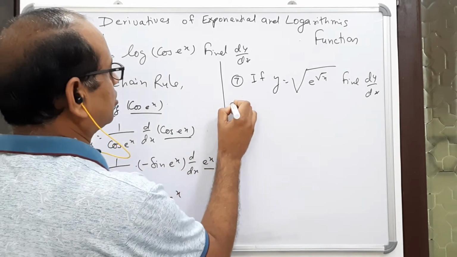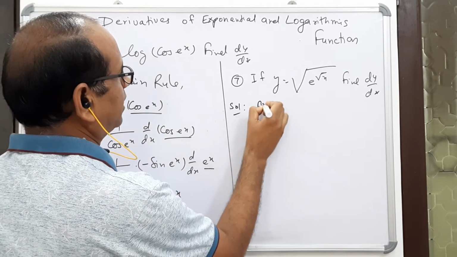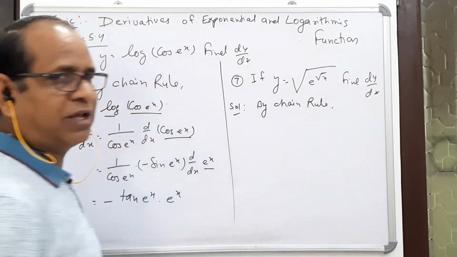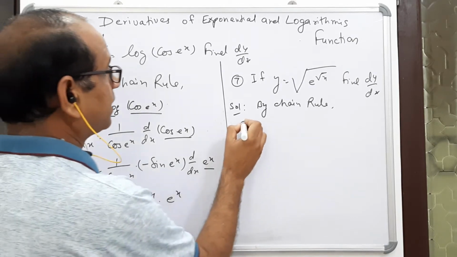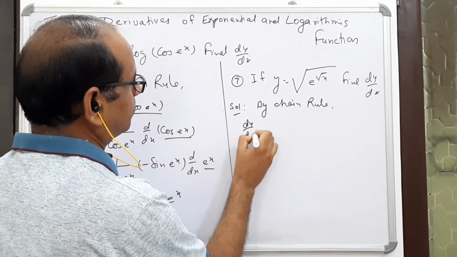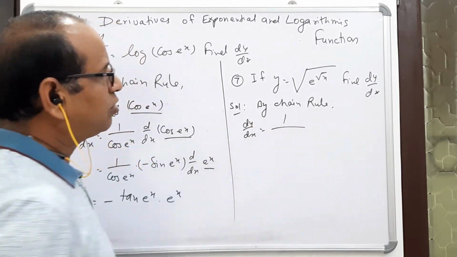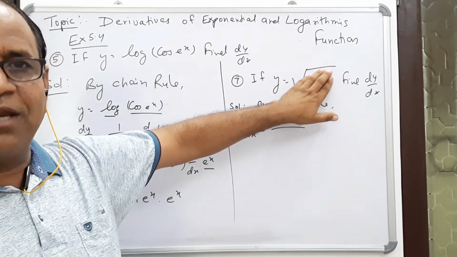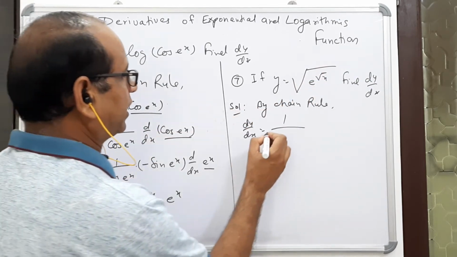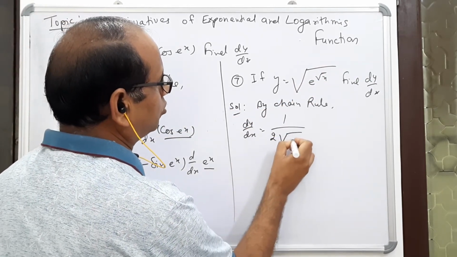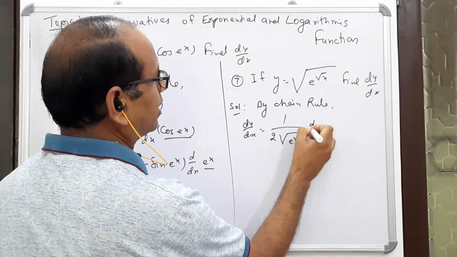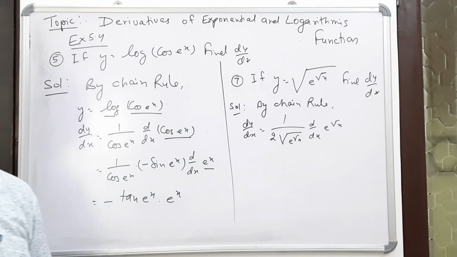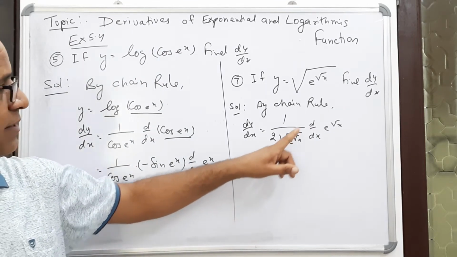So you see the solution of this by using the chain rule, another name for which is function of function. dy by dx will be 1 upon, what is the derivative of root x? Suppose this is x here, root x. So the derivative of root x is 1 upon 2 root x. So 1 upon 2 root e power root x, and now according to the chain rule, d by dx of e power root x.